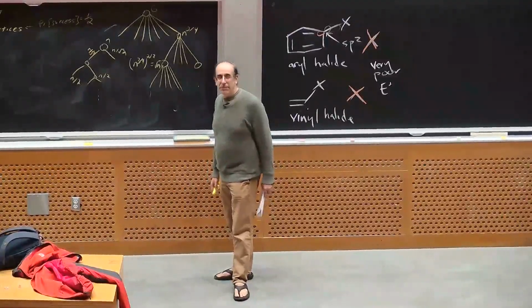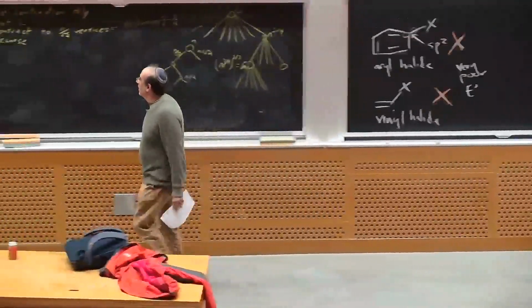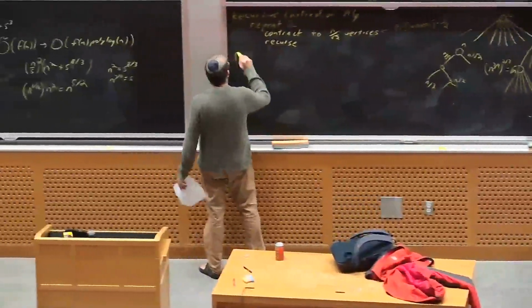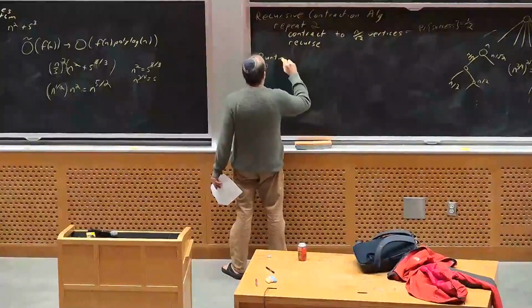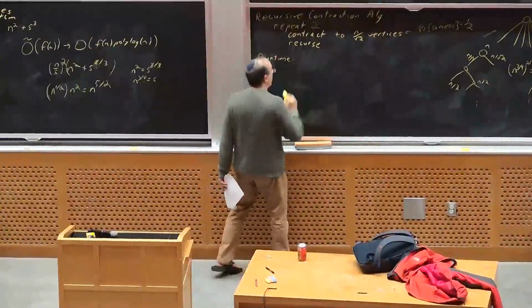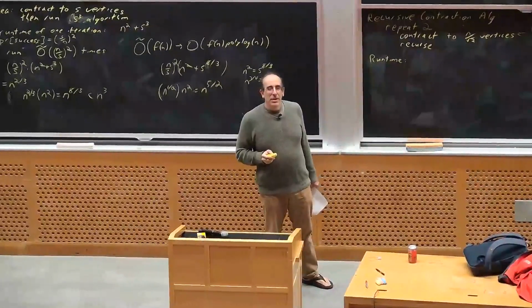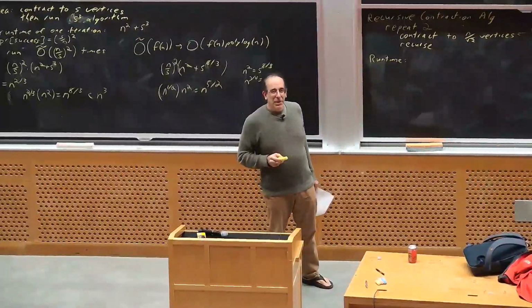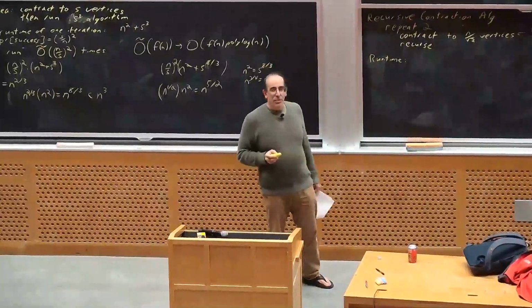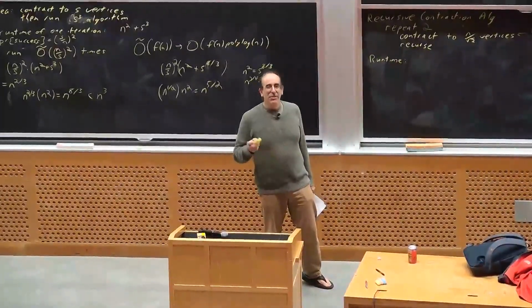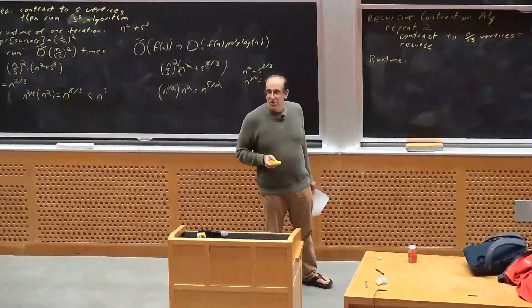Okay? So what is the runtime of this algorithm? And this is, by the way, why I'm not going to repeat log n times. I'll let you think for yourself about what would happen if I did 2 log n repetitions of shrinking to n over root 2 vertices.